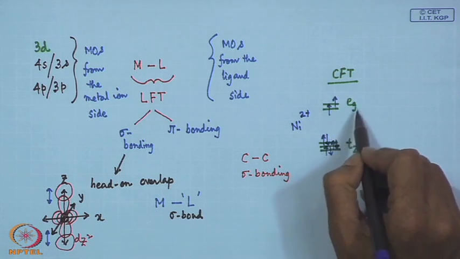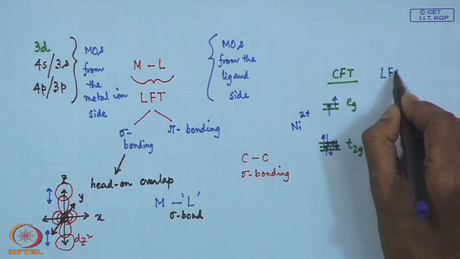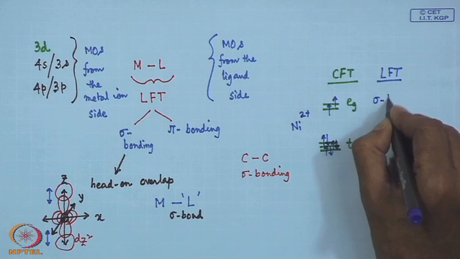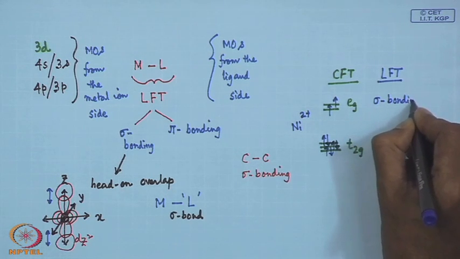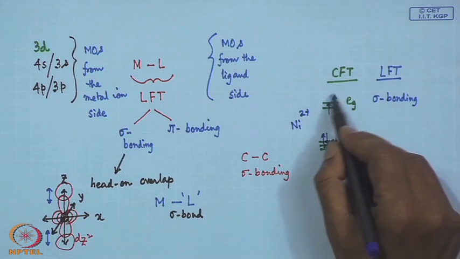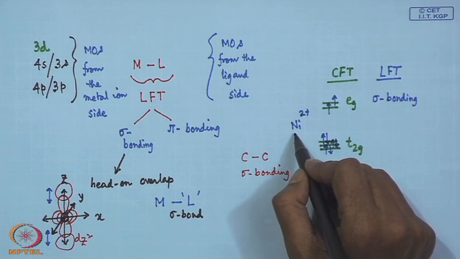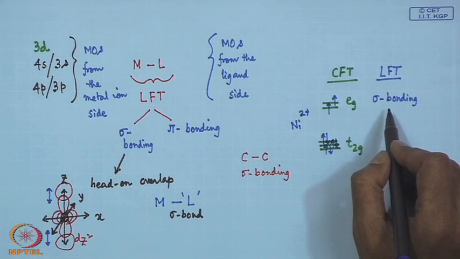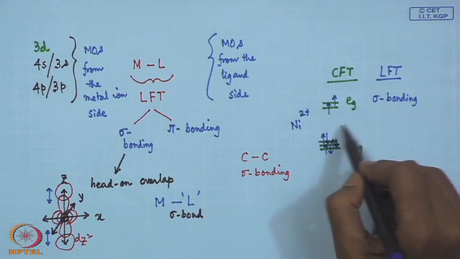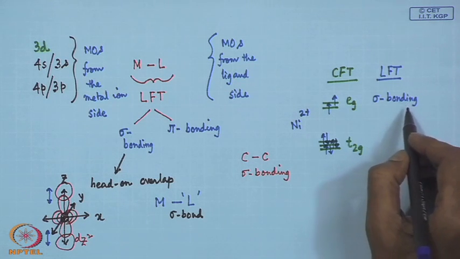In ligand field theory, the symmetry level is matching for sigma bonding for these Eg orbitals. So, only these two orbitals can show some sigma bonding interaction for the nickel 2 plus ion with the ligand molecular orbitals, and they will show only the sigma bonding interaction to the ligand system.